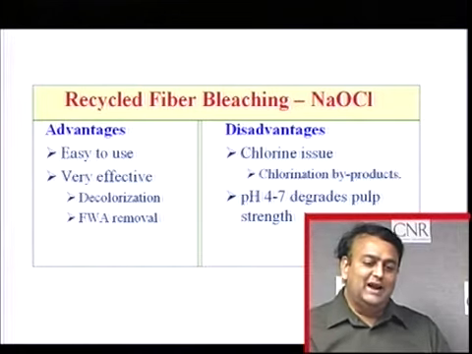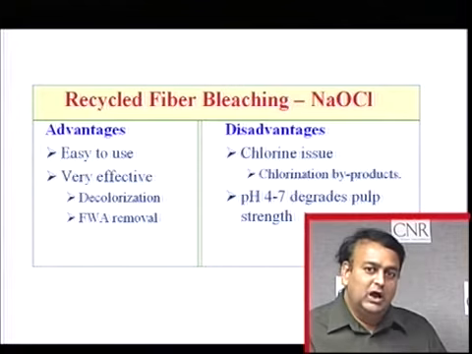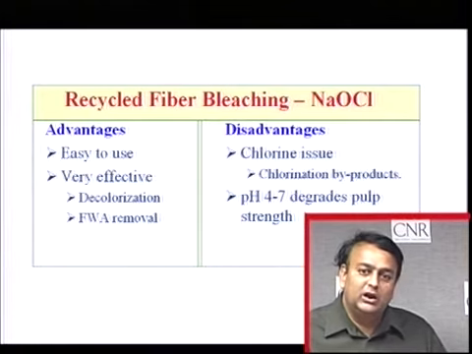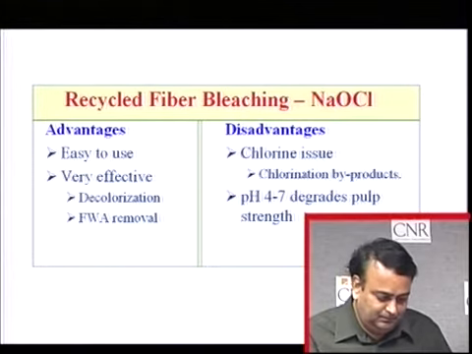So there is a standard FDA has given for the amount of fluorescent whitening agent that can be present in the paper. Hypochlorite and any chlorine containing compounds are excellent for reducing the fluorescent whitening agents.